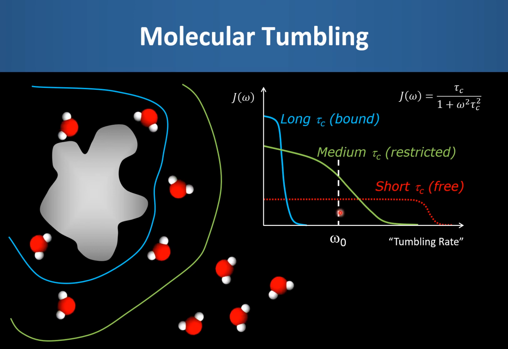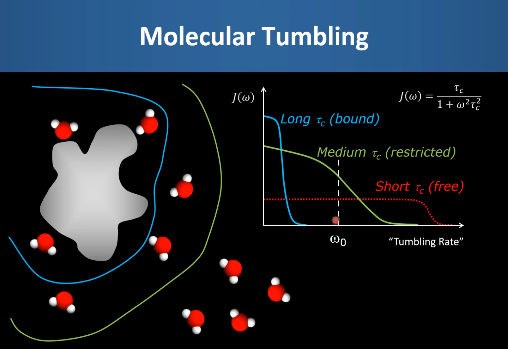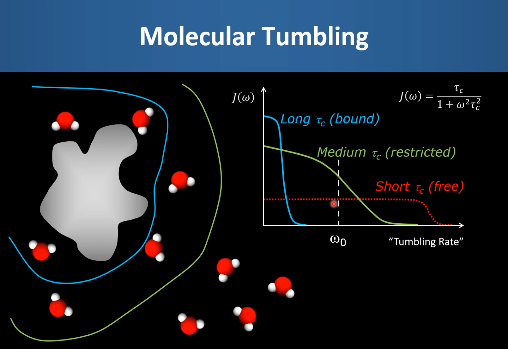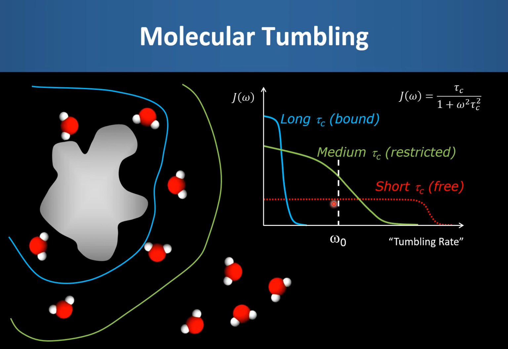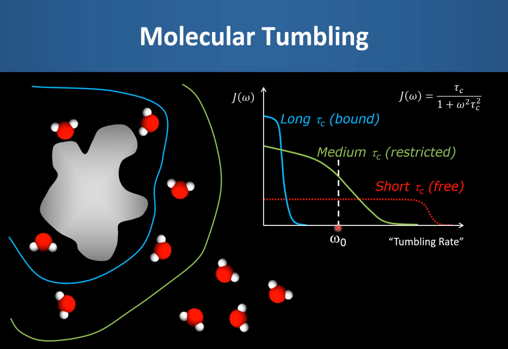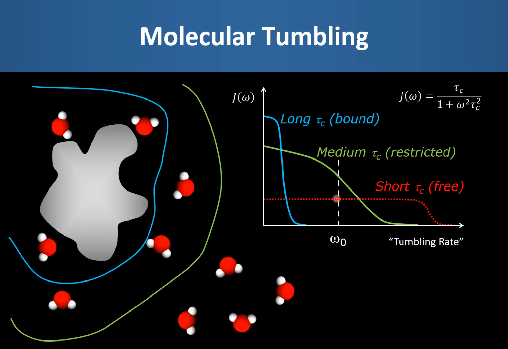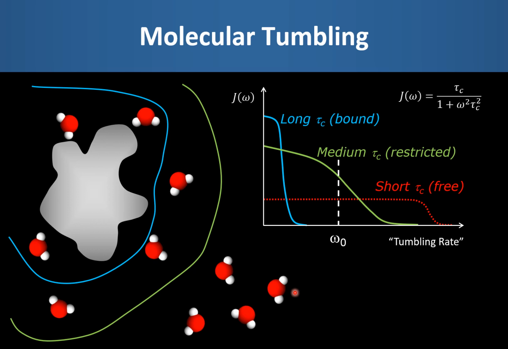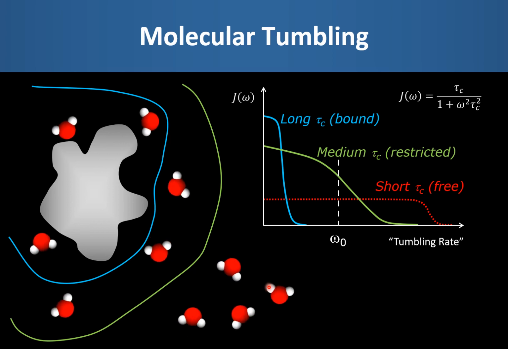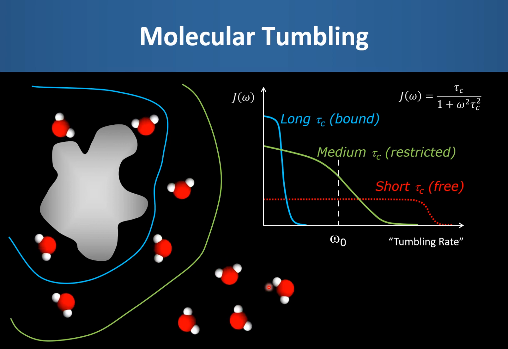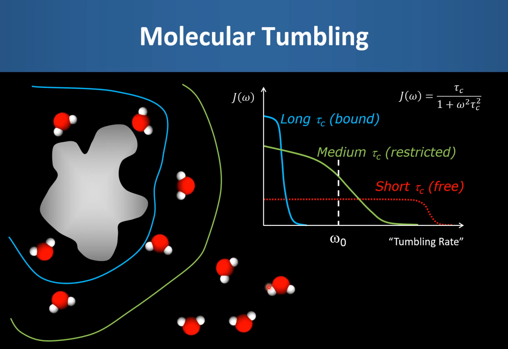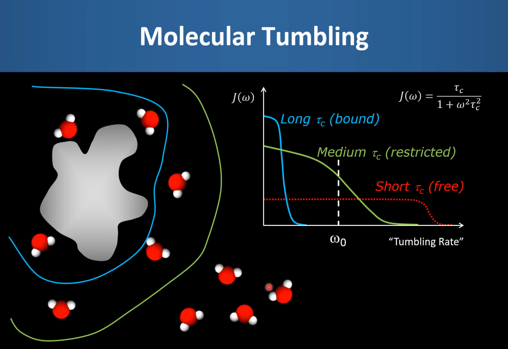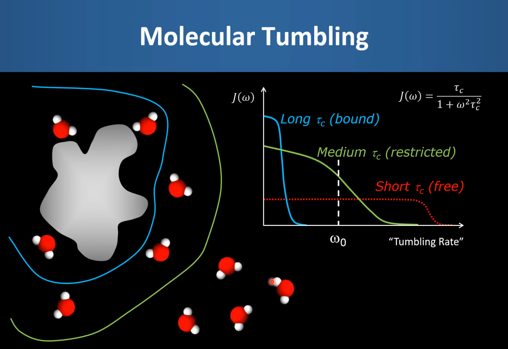So those that just happen to tumble at the Larmor frequency and create the appropriate alternating magnetic field to stimulate that relaxation is quite small. So T1 relaxation is quite inefficient, and the T1 relaxation time can be quite long. If we just had a glass of water, the protons in that glass of water will be tumbling at that wide range of frequencies, and therefore the T1 relaxation time will be relatively long.